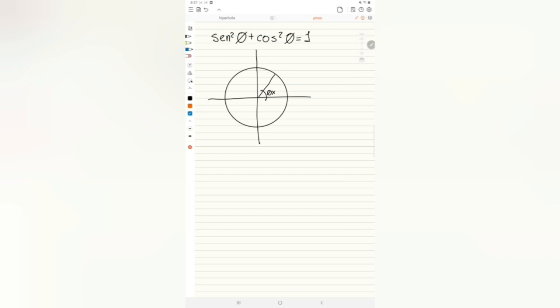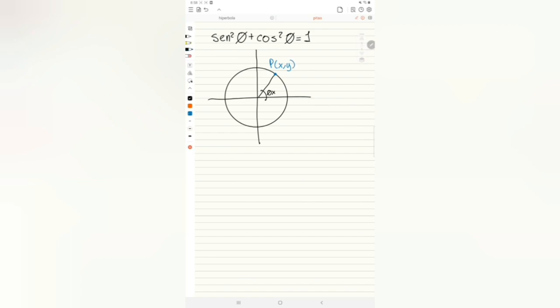We're going to put a point on the circumference, and we can say that this point could be P, and it's going to be x and y.